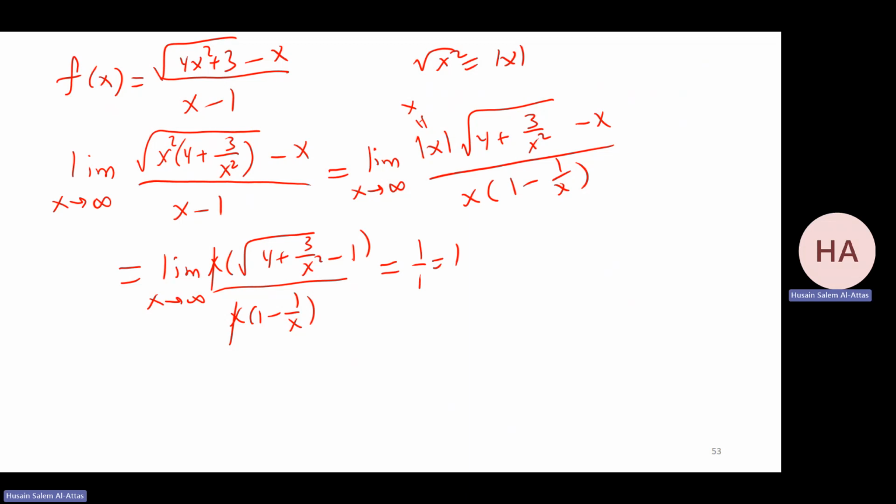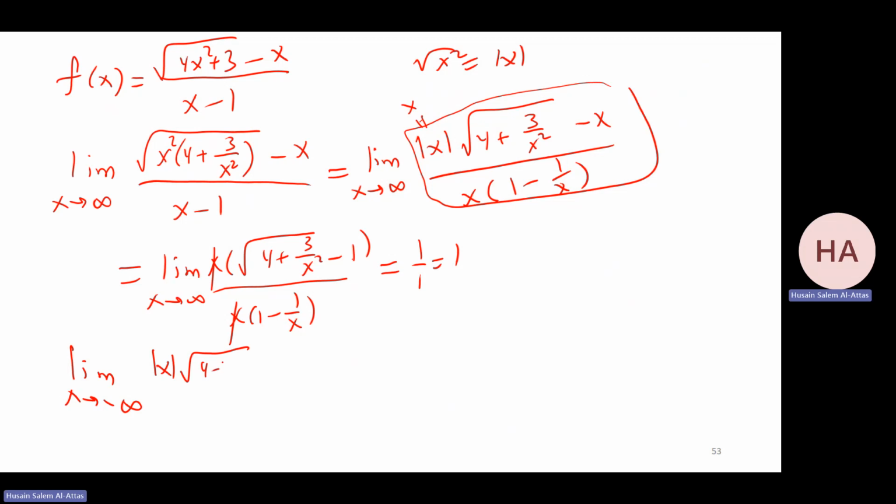This is one thing. The other thing is the limit as x goes to minus infinity. I'll take it from here. It will be absolute value of x, square root of 4 minus 3 over x squared minus x over x, 1 minus 1 over x. This is minus x. So it means I take minus x as common factor. What is the remaining?